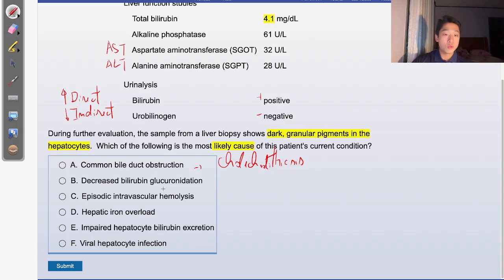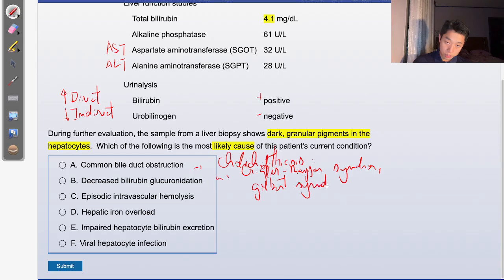Decreased bilirubin glucuronidation is about Crigler-Najjar syndrome or Gilbert syndrome.